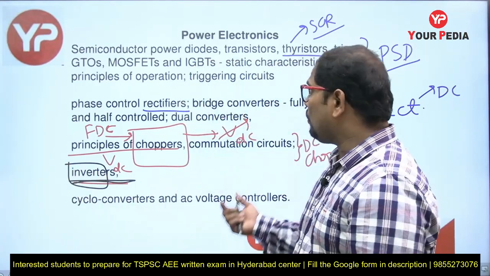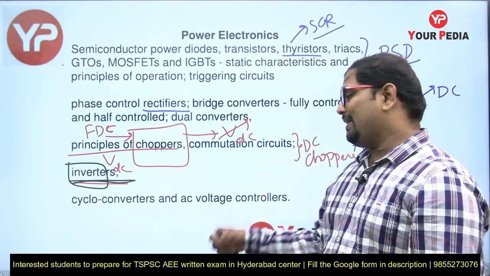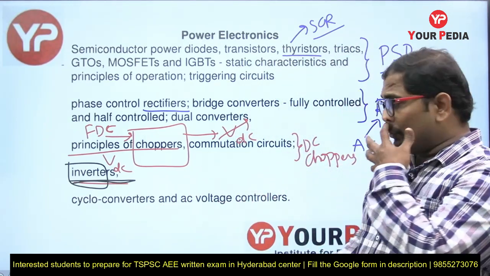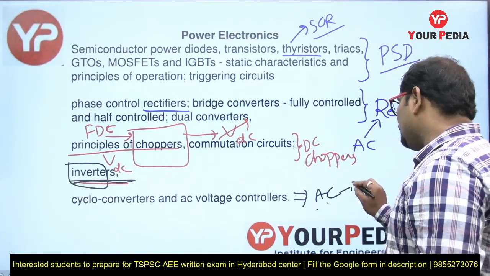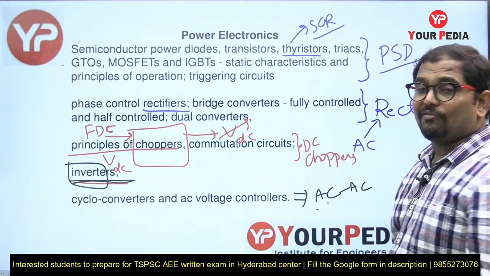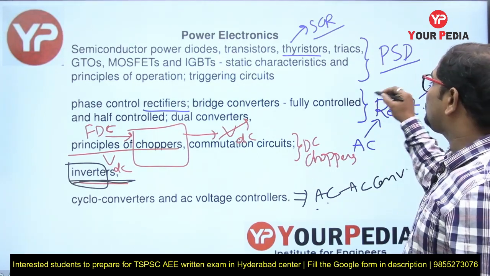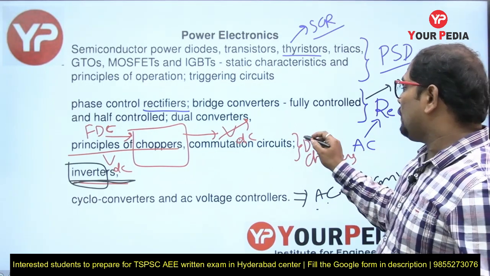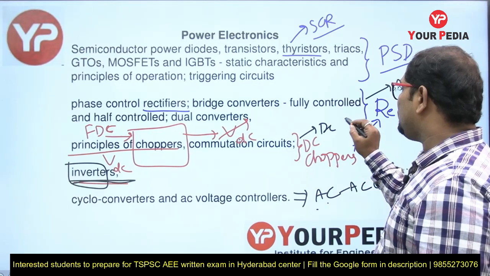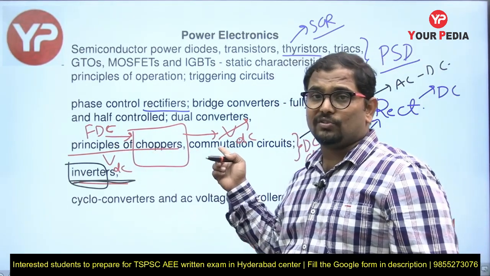And the last module of these power electronic circuits is cyclo converters and AC voltage regulators. We usually call these circuits AC to AC converters. We call these circuits AC to DC converters. We call these DC to DC converters, because here the input is DC and the output is also DC.